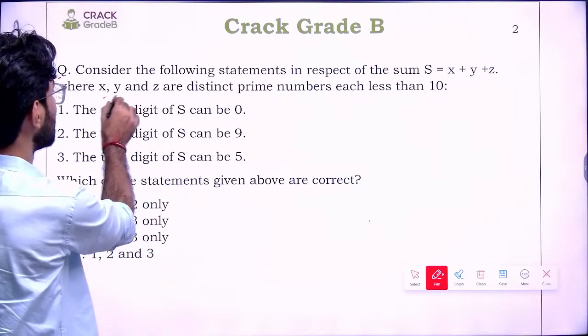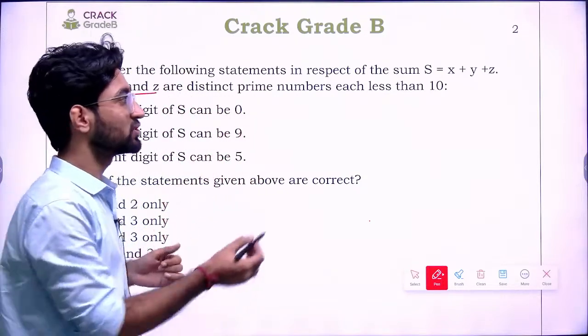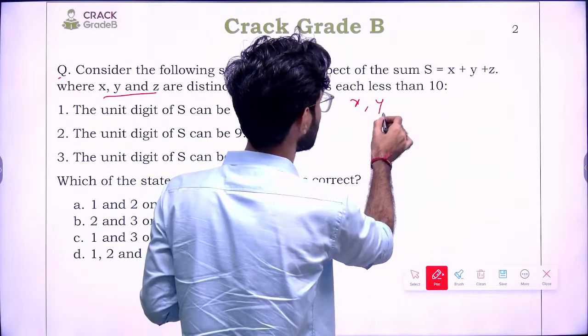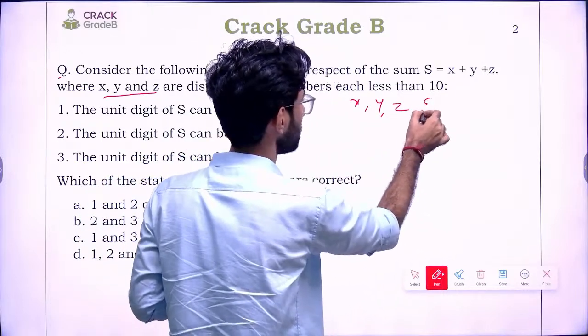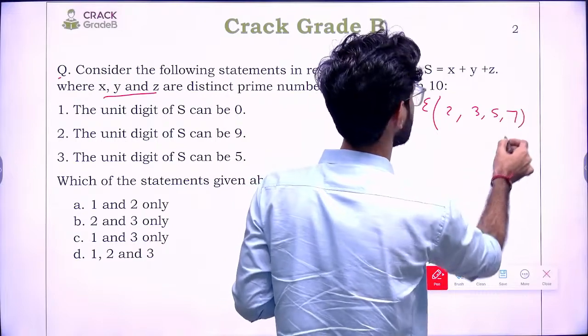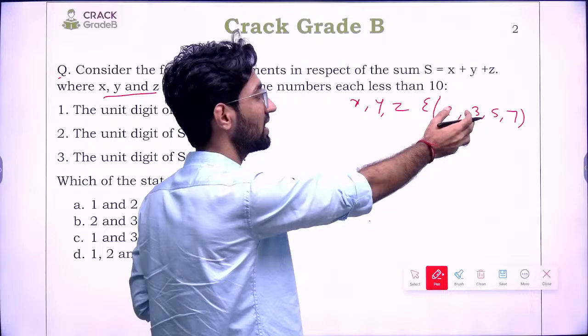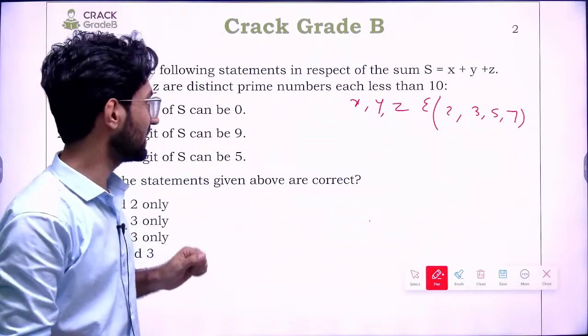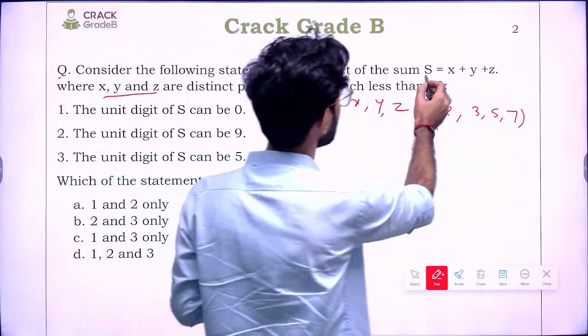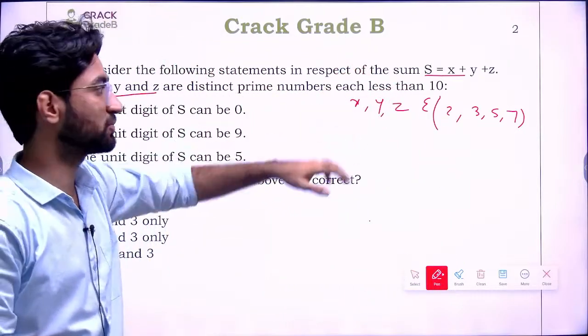So it is given that x, y and z are distinct prime numbers, each less than 10. So we can say that x, y, z can be 2, 3, 5, 7, right? The possible values of x, y and z are 2, 3, 5 and 7, right? So we have to find out the possible values of s equal to x plus y plus z, right?